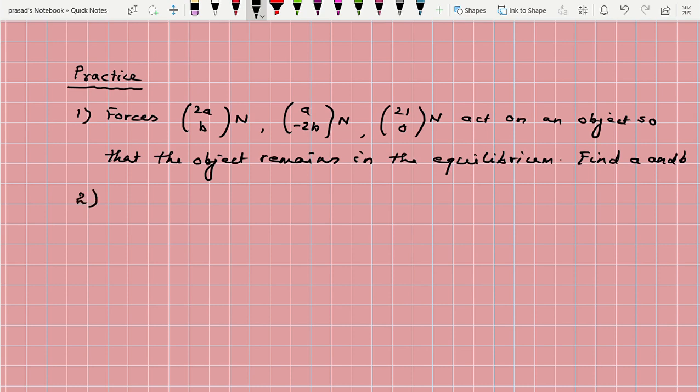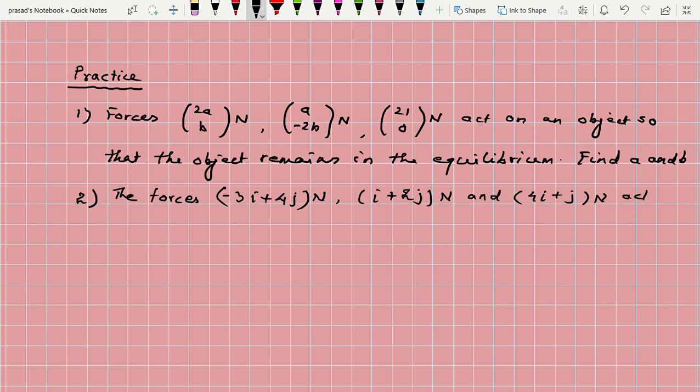Then the forces minus 3i plus 4j Newton, then i plus 2j Newton and 4i plus j Newton act on an object.